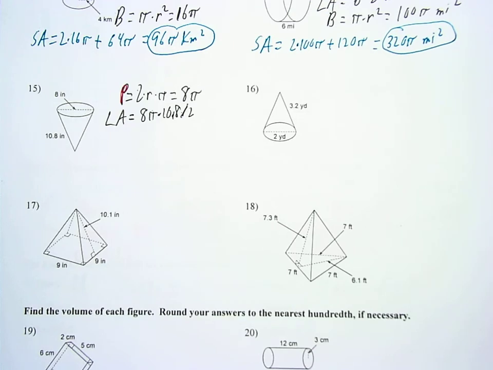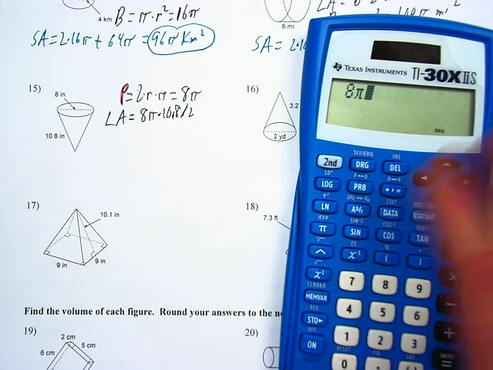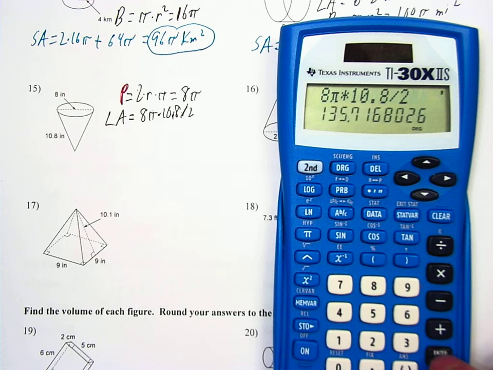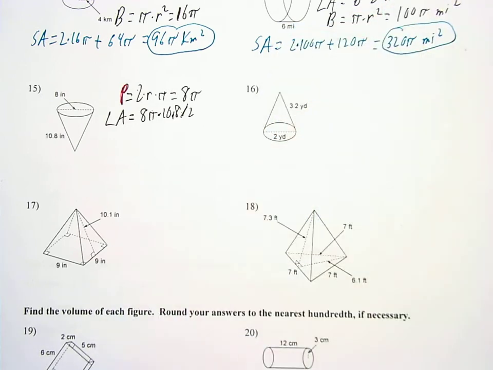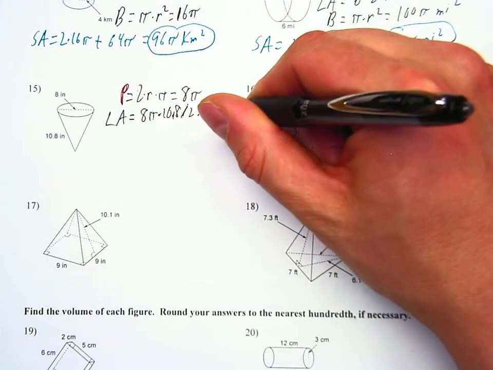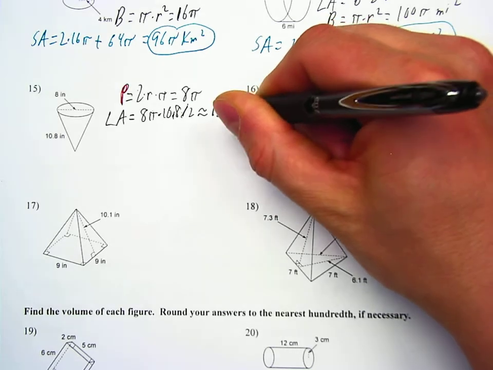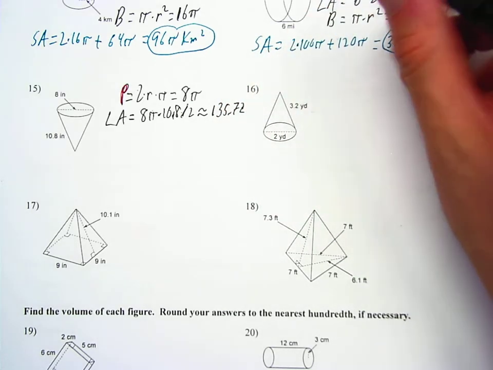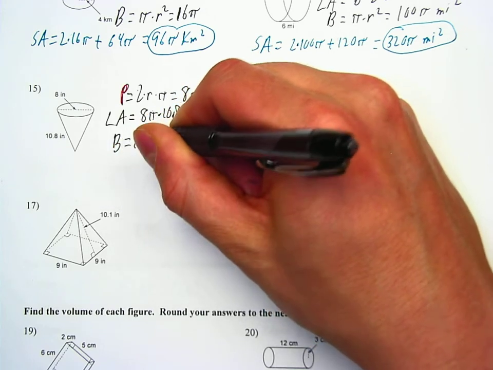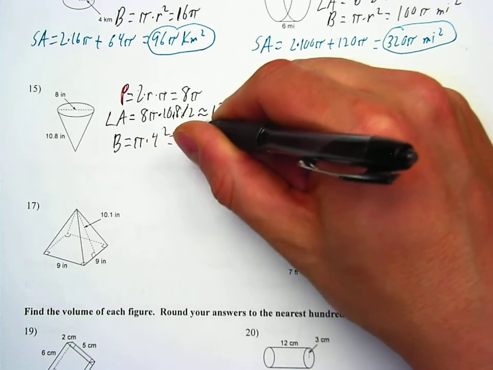So here we are going to use a calculator to evaluate this number. 8 pi times 10.8 divided by 2. 135 and 72 hundredths. We can round to the nearest hundredths. That is my lateral area. The area of my base is pi r squared. So pi times 4 squared, 16 pi.